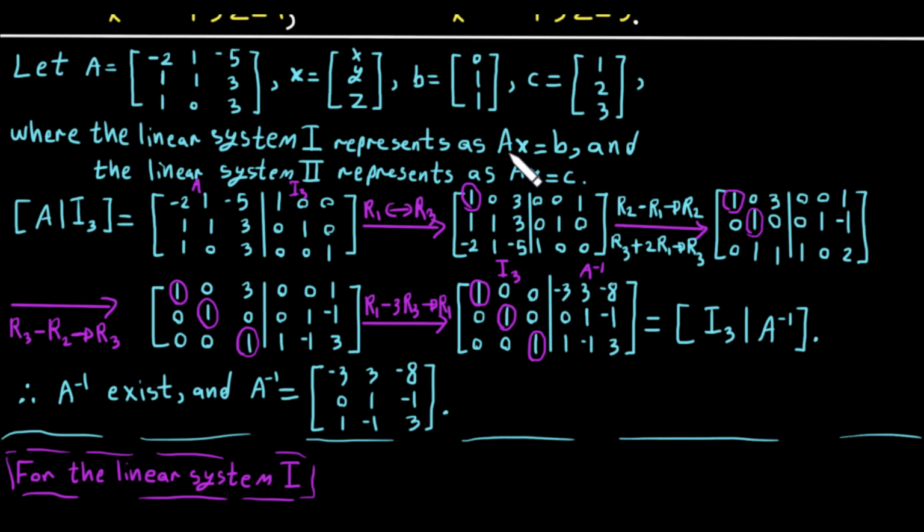So I have to write Ax equals b for the linear system 1.